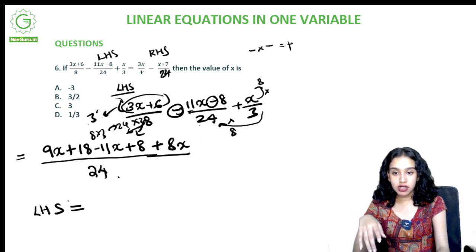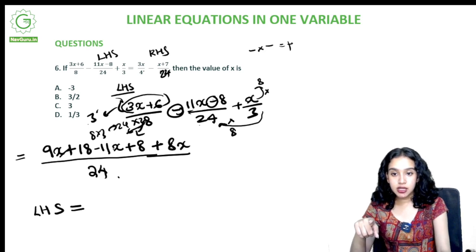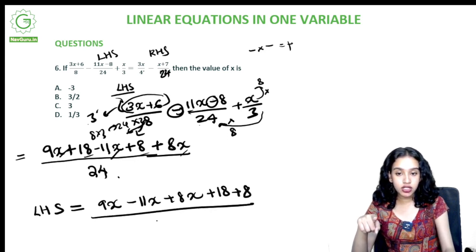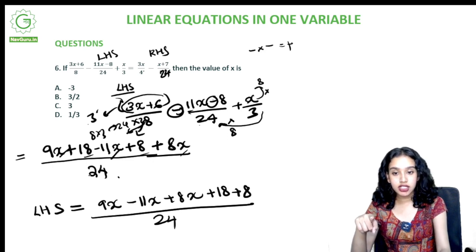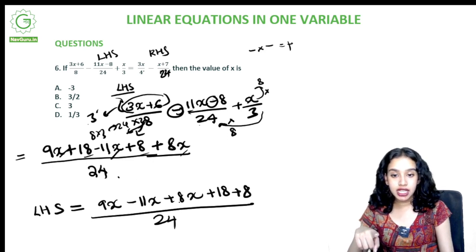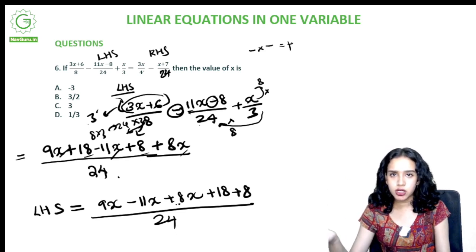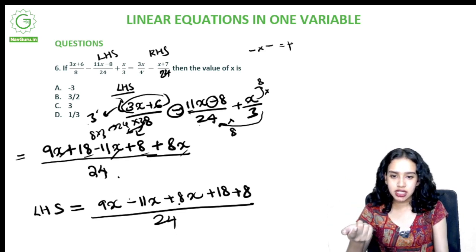So let's do the calculation. We have 9x minus 11x plus 8x, plus 18 plus 8, whole divided by 24, right? What is 9 plus 8? It's 17, right? We'll do all the positives first and then subtract the negative signed ones.